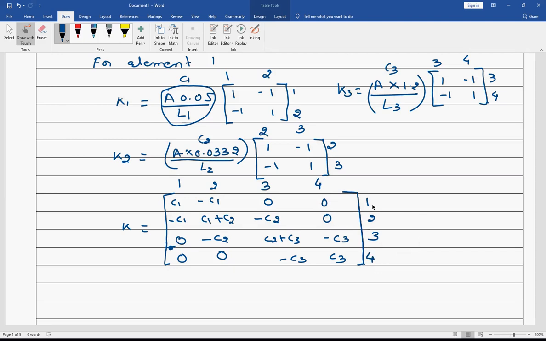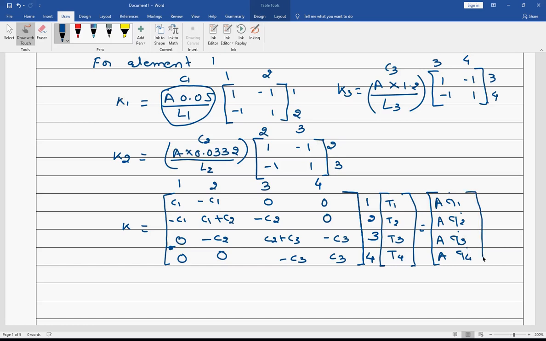So this is my global stiffness matrix, and it will be multiplied with the temperatures T1, T2, T3 and T4, and that will be equal to A into Q1 dot, A into Q2 dot, A into Q3 dot, and A into Q4 dot.